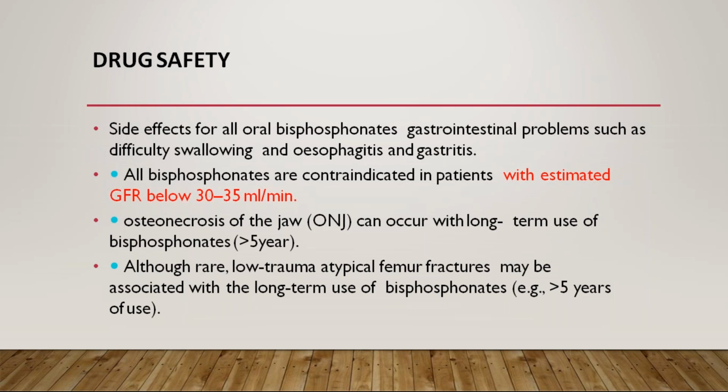That is other than the usual site. Normally in osteoporosis, neck of femur or intertrochanteric fractures are more common, but with more prolonged use of bisphosphonates, there will be chances of subtrochanteric and shaft femur fractures. Those are the atypical femur fractures, other than the usual site.